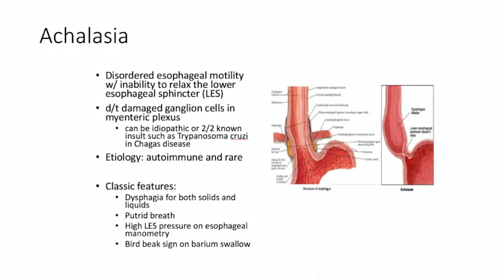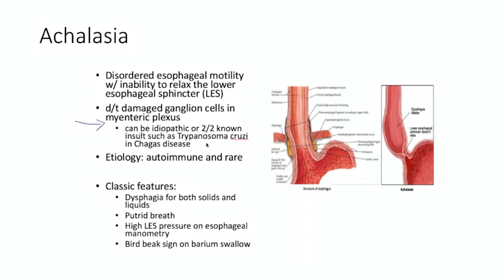Achalasia, so this is a disorder of esophageal motility with the inability of the lower esophageal sphincter to relax. And this is secondary to damaged ganglion cells in the myenteric plexus. So remember back in A&P, we had those various layers of where the nerve endings are. Myenteric plexus is one of those levels.